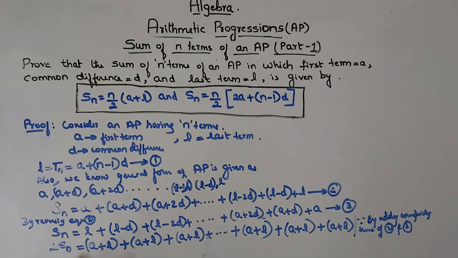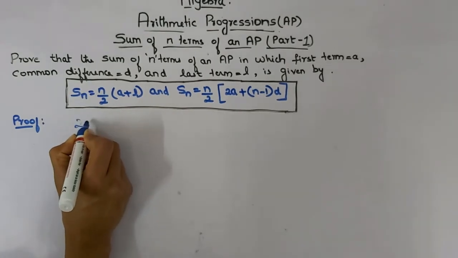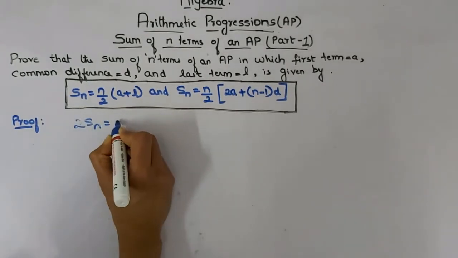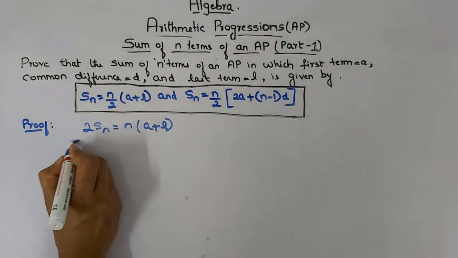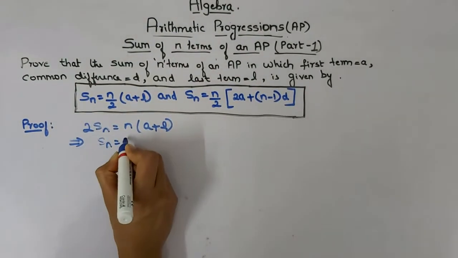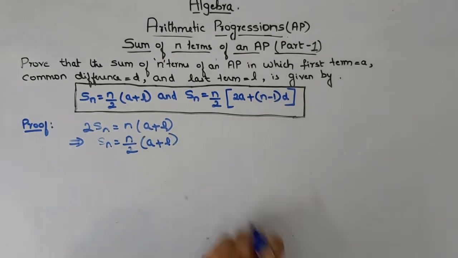So we can write 2Sn is equal to n into (a plus l). But before that, pause the video and note this down. So now we have 2Sn is equal to n times (a plus l), which implies Sn is equal to n by 2 into (a plus l).